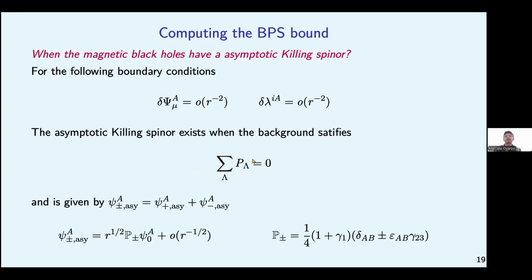Okay, and this happens, but I didn't fix a small m yet. So a small m is arbitrary. So you do that, you solve your asymptotic Killing spinor, and you get two of them, one labeled with a plus and another labeled with a minus, where these plus or minus are related to the projectors that Anayeli was talking about in the previous lecture.